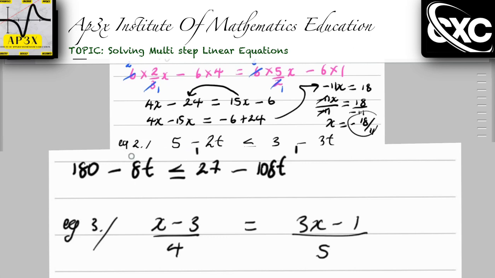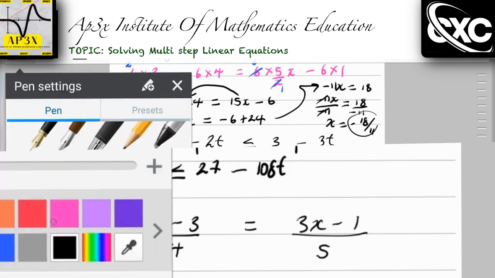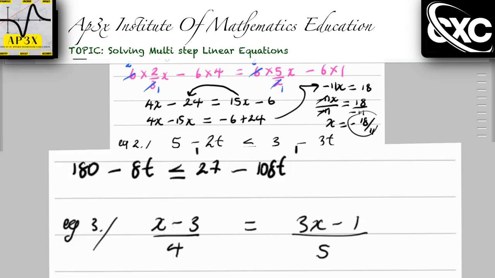So do I bring the 8t over towards the 108, or do I bring the 108 over towards the 8t? Well, they're both negative coefficients, and the larger the coefficient is when it's negative is the smaller it actually is. So therefore, negative 8t is actually larger than minus 108t. So in this case here, I'm trying to keep my subject positive. I want to make it easy for myself. I'm going to bring the negative 108 to this side of the equation then.